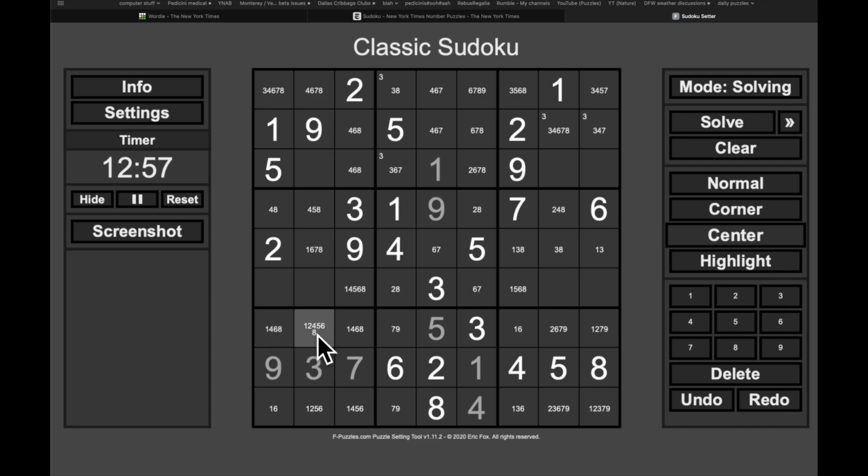This one isn't 5. Five must go here. So nothing else in this box can be a 5, but we knew that already.